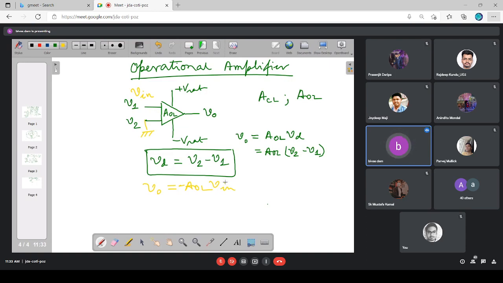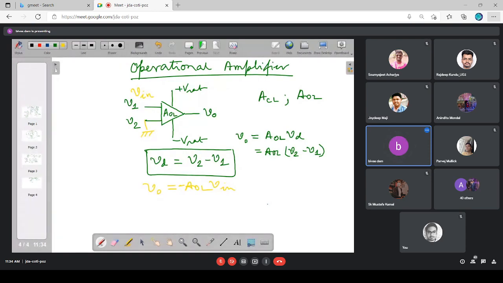I have applied Vin to the V1 terminal and ground to the V2 terminal, so the expression of the output will be minus of AOL into Vin. Now, what is the phase relationship between Vin and V0? 180 degrees. So V0 is 180 degrees out of phase with the given input signal. This is one observation.